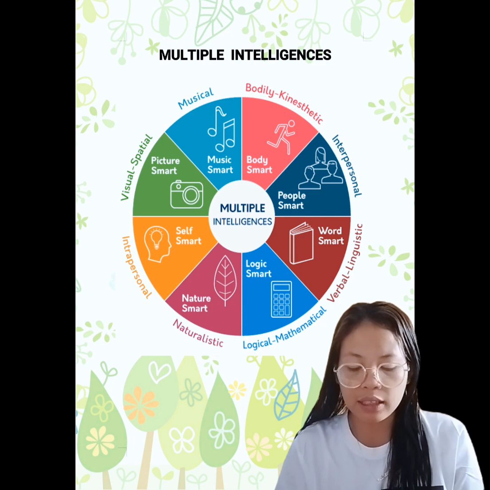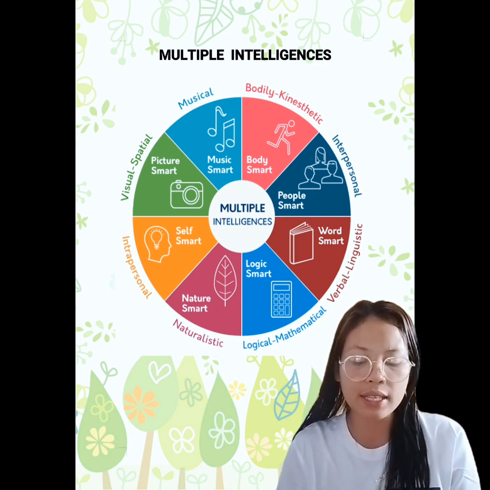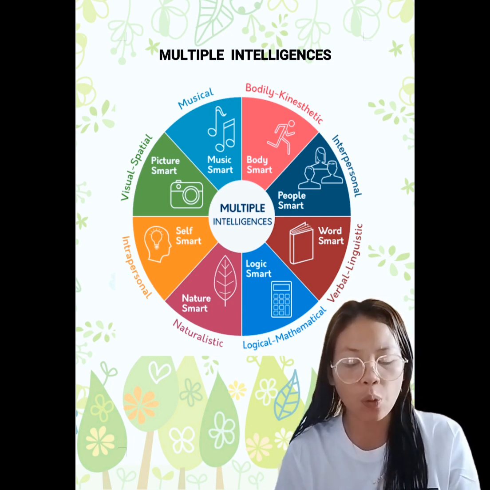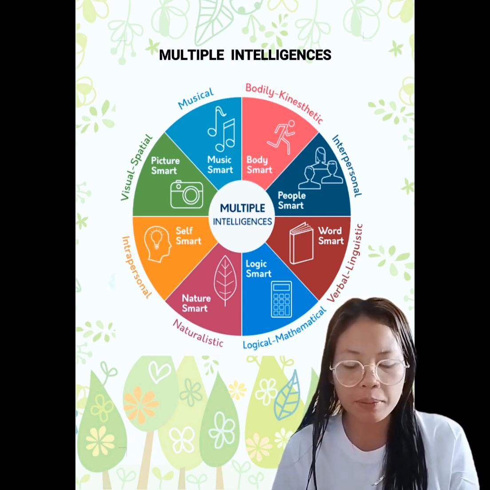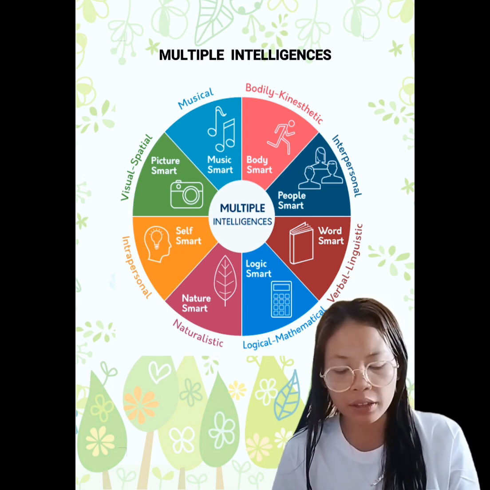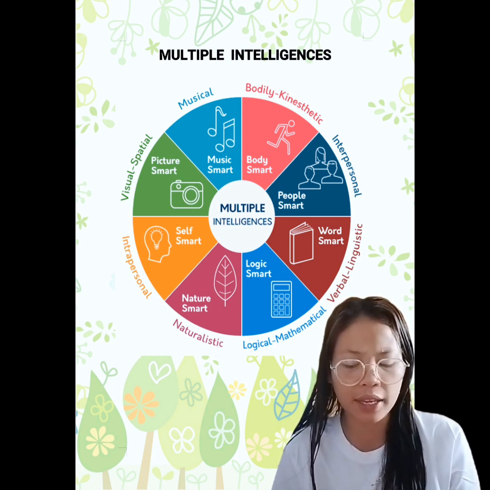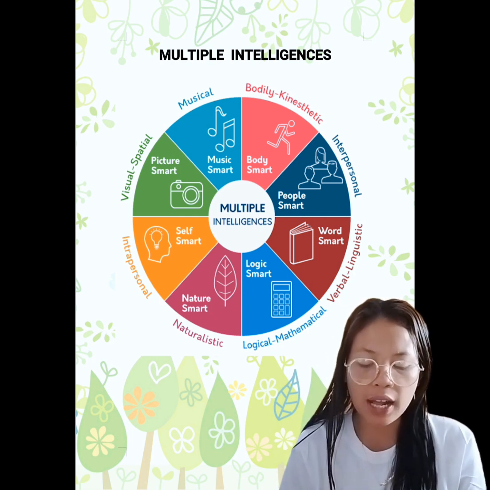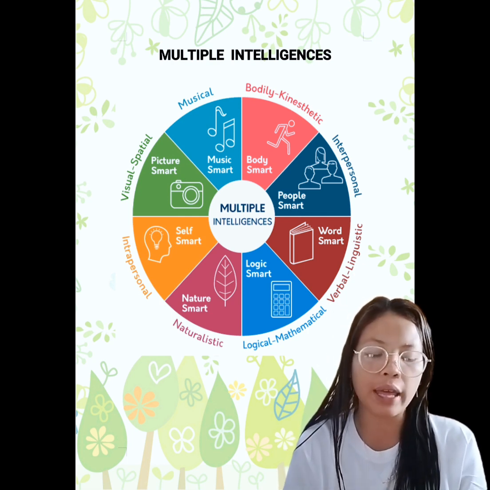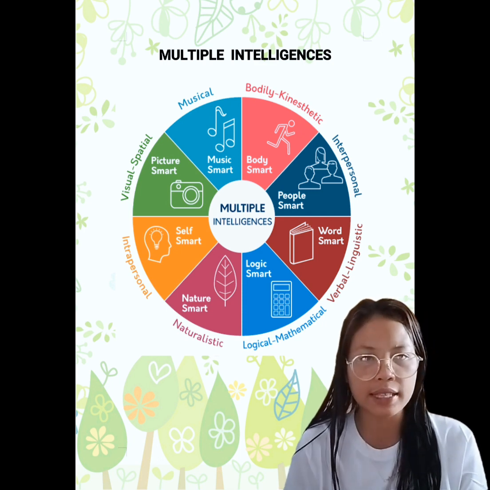First is linguistic. Linguistic is about words, language, and writing. It is very persuasive. Whereas the logical-mathematical, logic smart, likes thinking about abstract ideas. Spatial, picture smart, is good at puzzles and recognizing patterns.